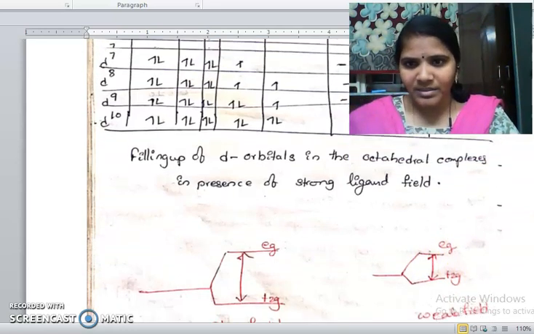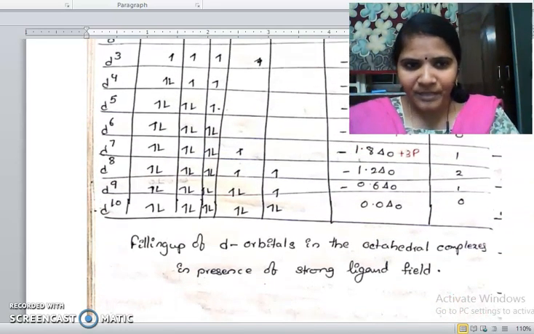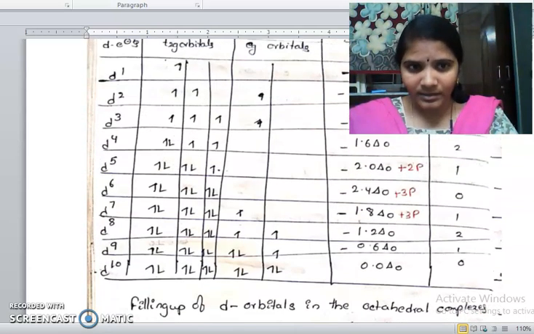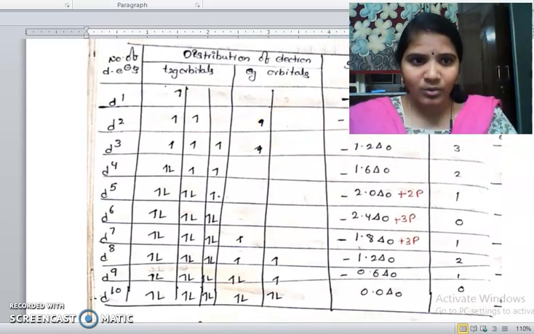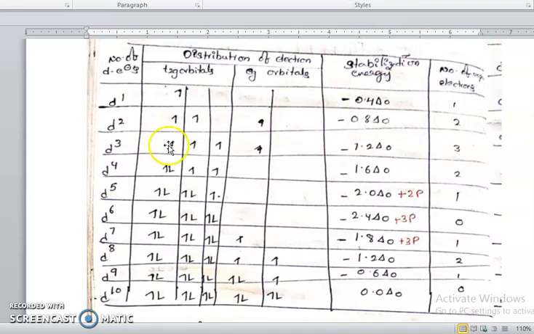That's what I represented in this tabular form, where the crystal field stabilization energies also vary. For the d1 to d3 systems, there is no question that only the T2g orbitals will be filled. A single electron enters the sub-orbitals of T2g.